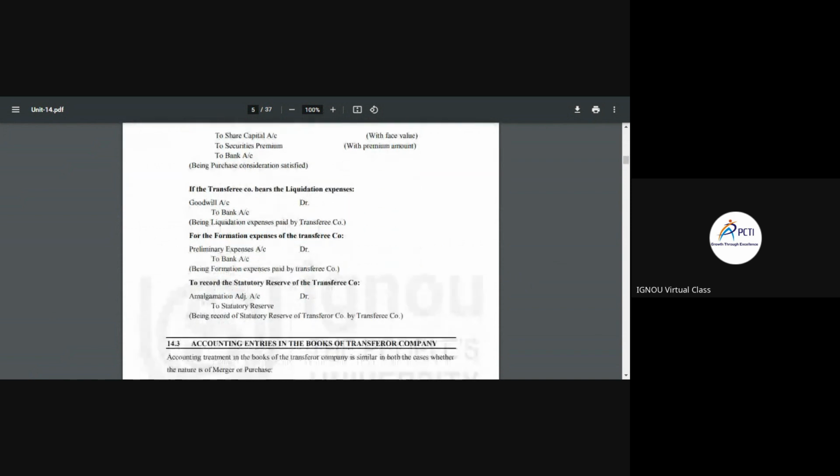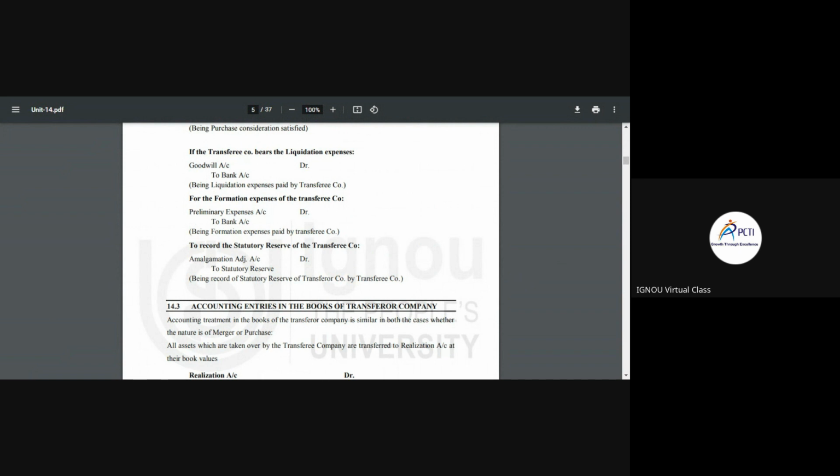Next, if the transferee company bears the liquidation expenses, the entry will be goodwill account debit to bank account, as the expenses paid by the transferee company. Next, for the formation expenses of the transferee company: preliminary expenses account debit to bank account, being the expenses paid by the transferee company.